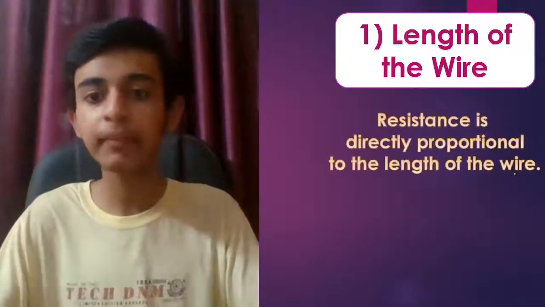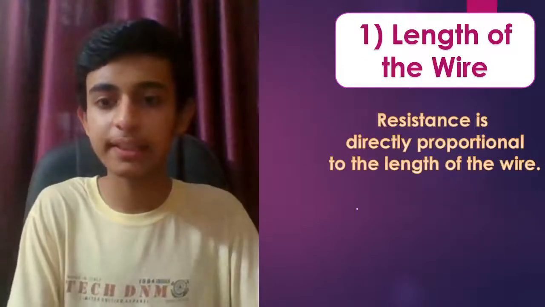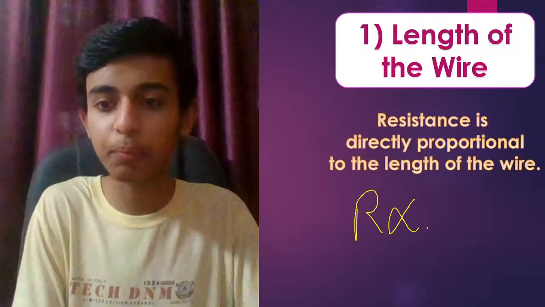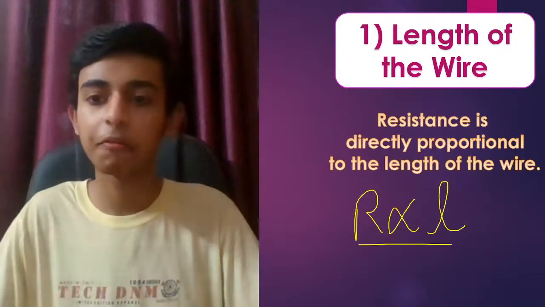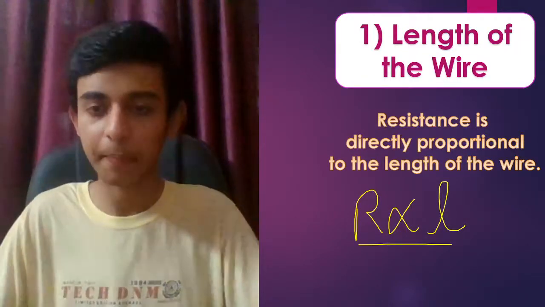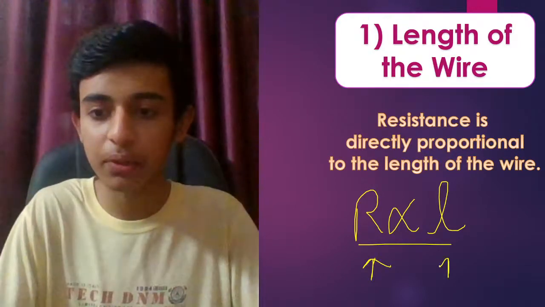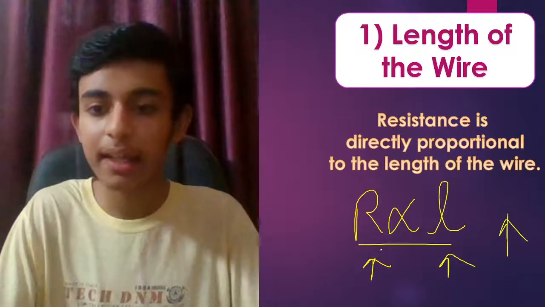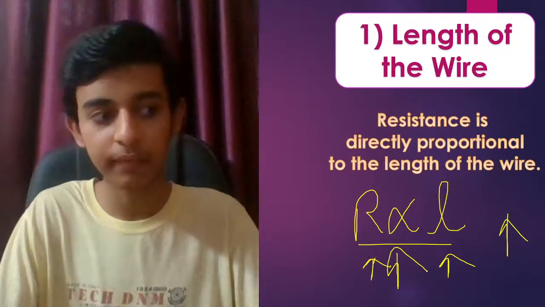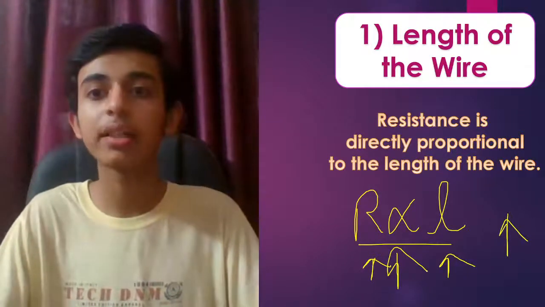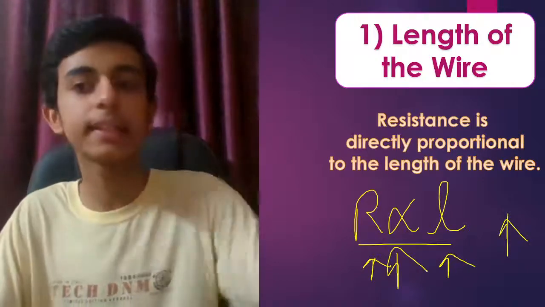Clear? It means your resistance is directly proportional to the length of the wire. As length increases, resistance will increase. So this is how they are directly proportional. Is this clear?